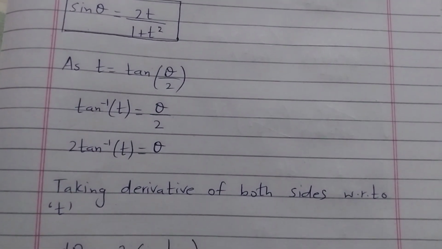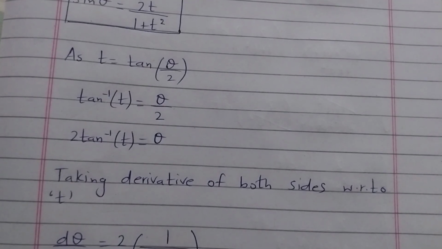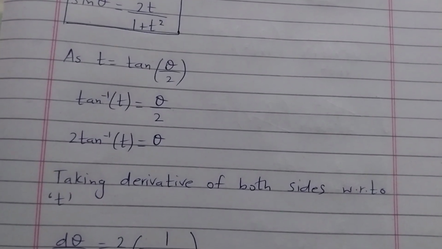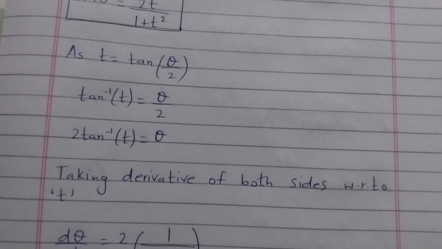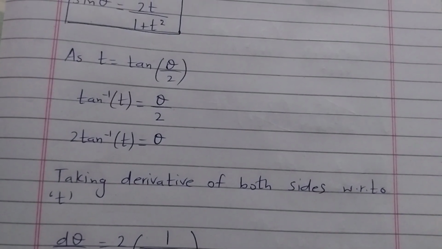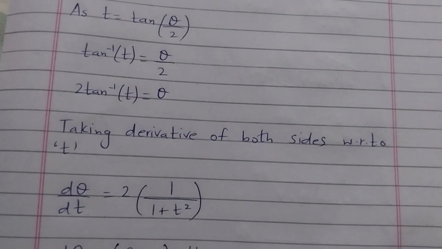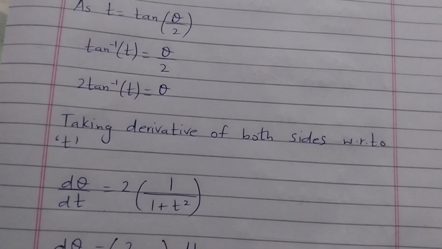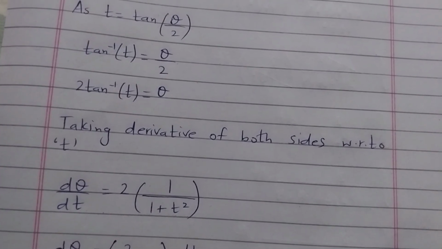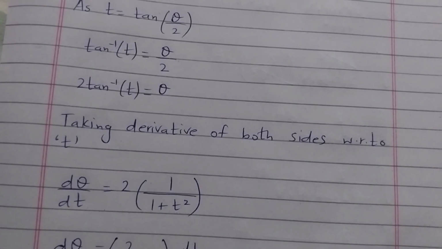So now we have theta, and we just need to find the value of d theta, and for that we need to take the derivative of this equation with respect to t. So taking derivative of both sides with respect to t, we have d theta over dt is equal to 2 times the derivative of tan inverse of t.